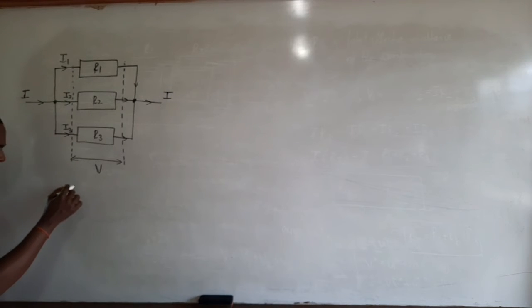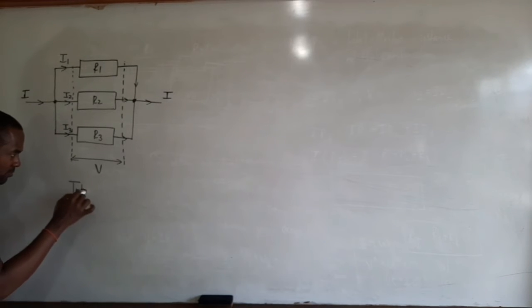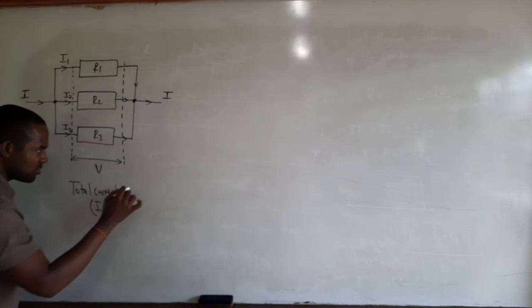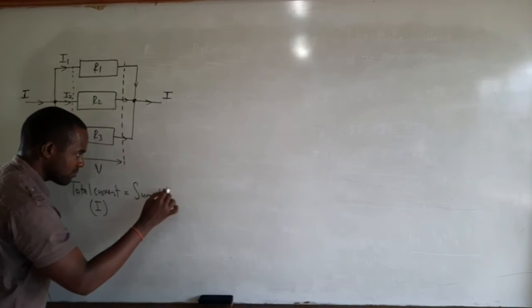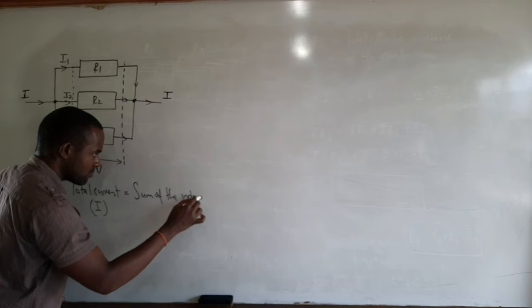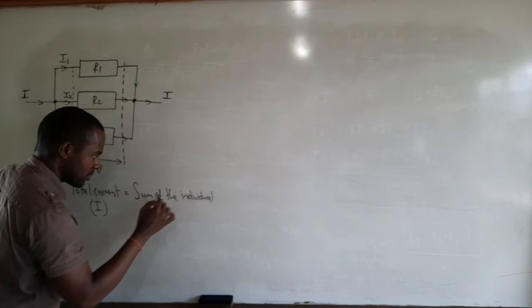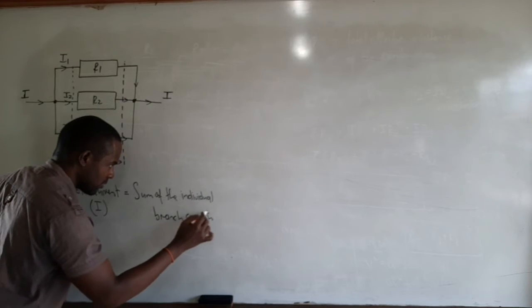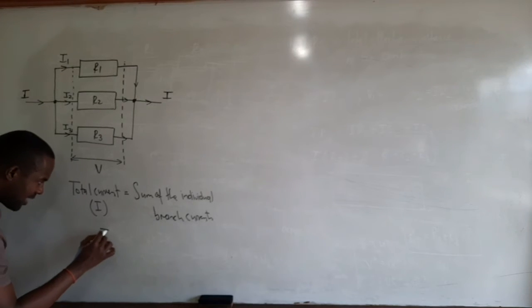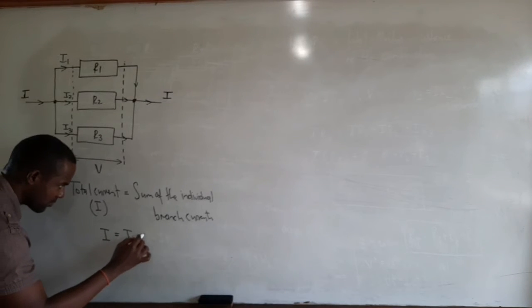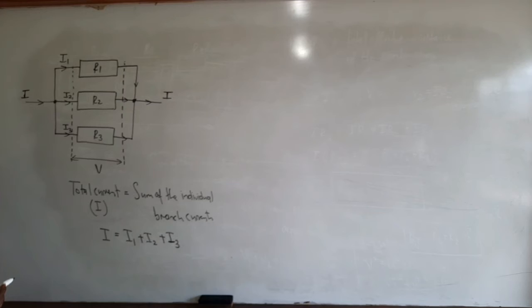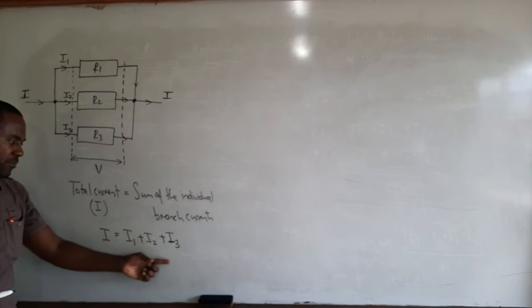So the total current I is equal to the sum of the individual branch currents.